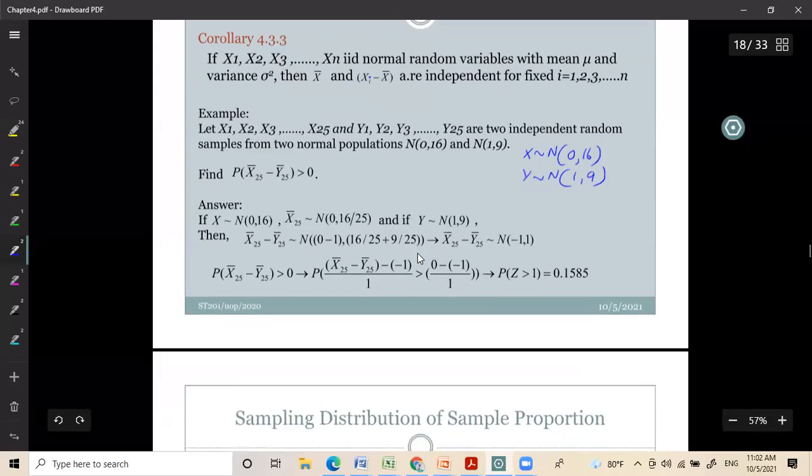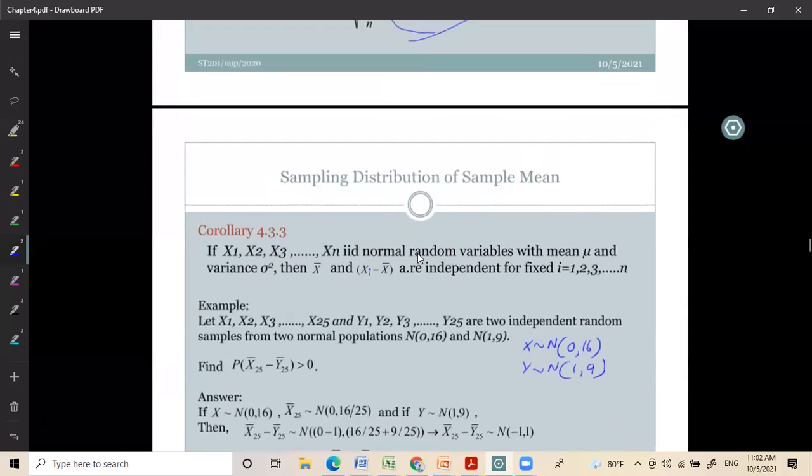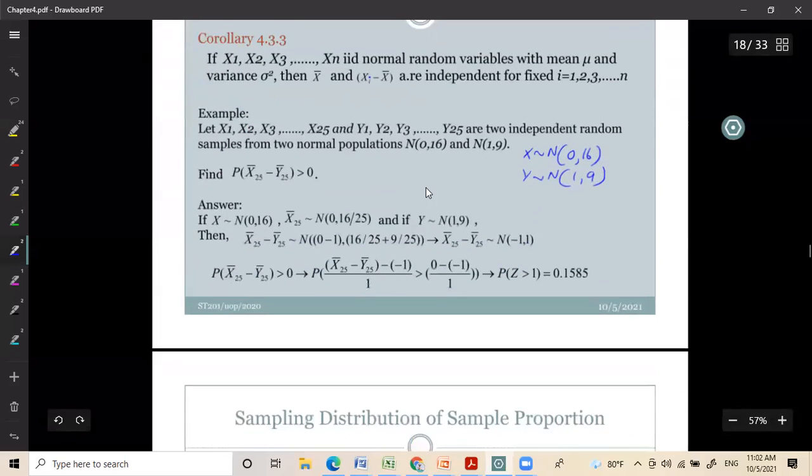You already know, that is corollary 4.3.1, if the populations are normally distributed, sample means are also normally distributed. It is given that these are two independent random samples from normal populations. So x bar is also normal, y bar is also normal.